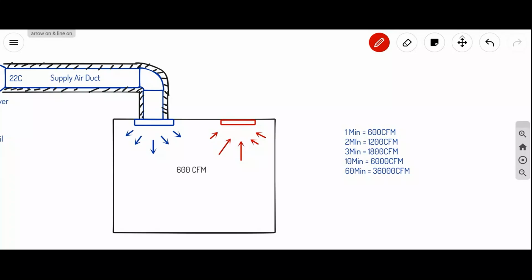Basically, how do we define losses? Losses are of two types. One is one time loss and second is lifetime loss. One time loss means the basic initial investment of the project.